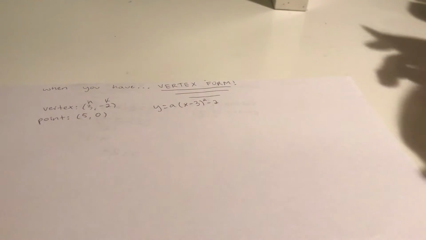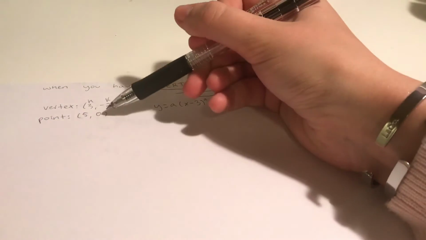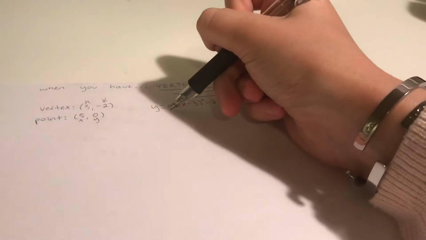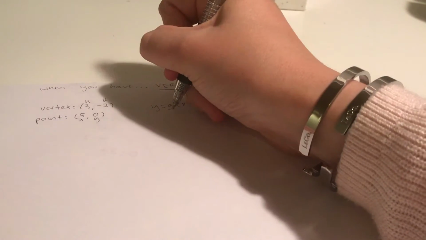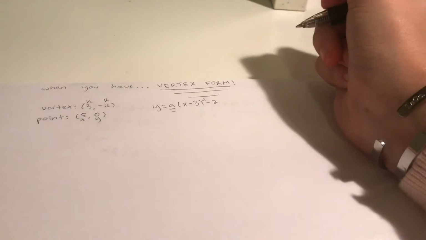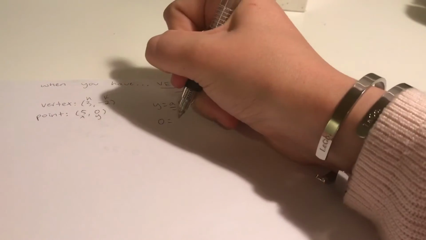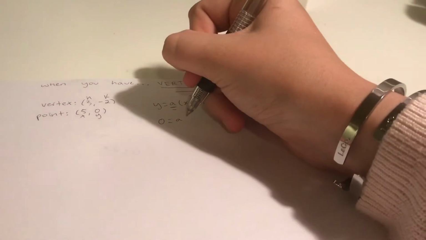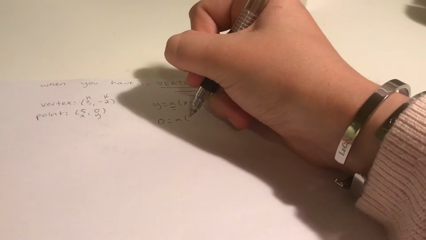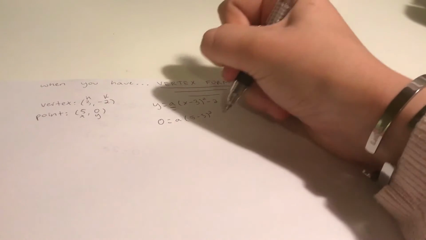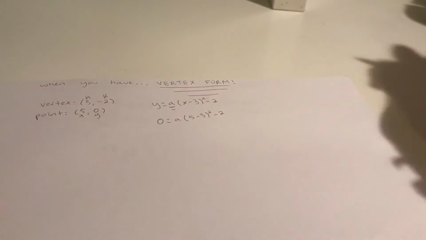So then, after that, you want to plug in your x and your y value, because you're trying to find this a right here. So now you have 0 equals a, because you don't know this yet, you're trying to find it. And then you have parentheses 5 minus 3 squared minus 2.